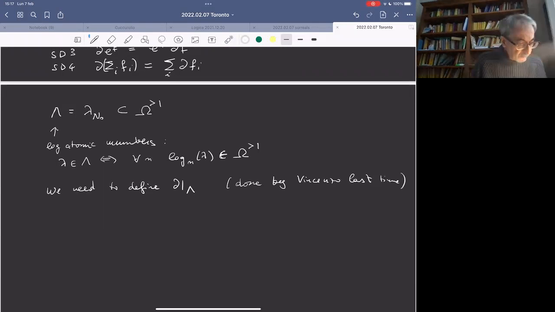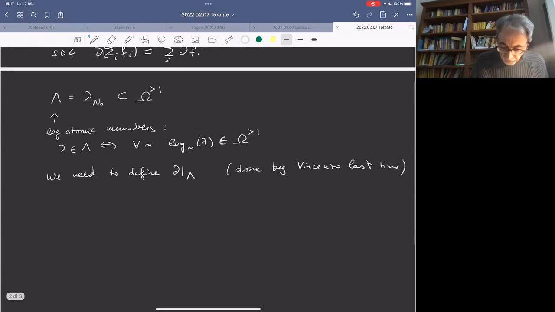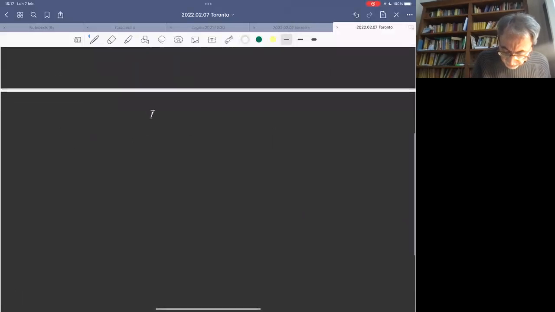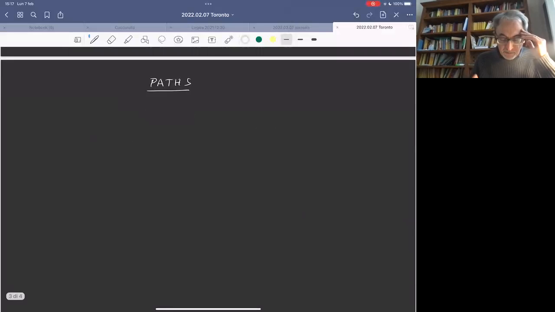Okay. Now, let's look more carefully at the situation here. So it's useful to have a picture. Let me first recall the notion of path. We have introduced infinite paths, but it's useful also to speak about finite paths.